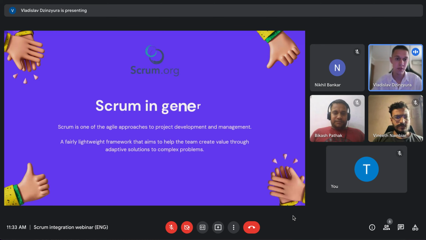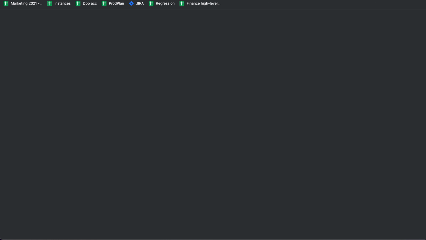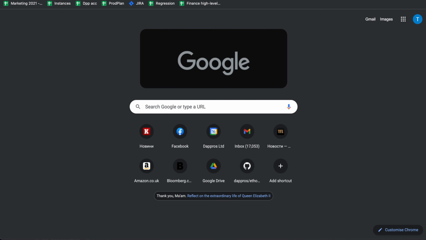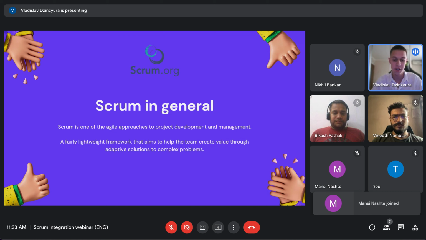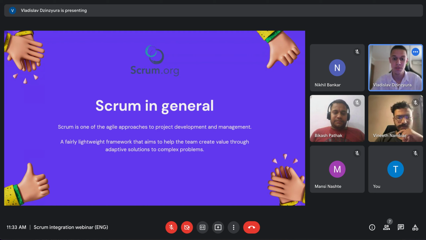So first of all, Scrum is one of the agile approaches to project management and development. It's a lightweight framework that aims to help the team create value through adaptive solutions to complex problems. I guess it's a bit difficult to understand, so simply, Scrum helps to create a cool product due to the fact that we can make any changes during the development process, because in many other methodologies we can't do this, and if we do, it will break all our plans and budgets.